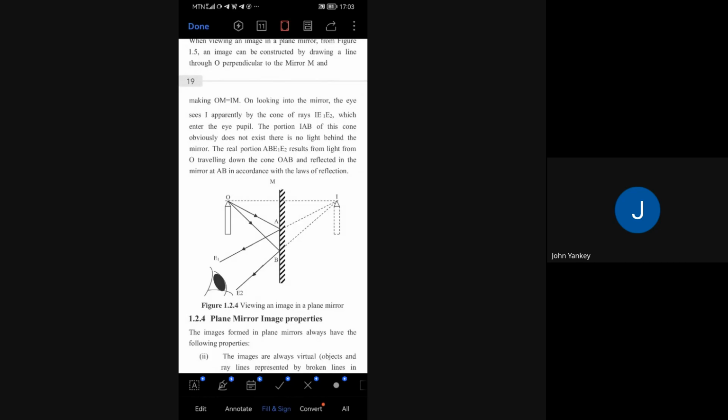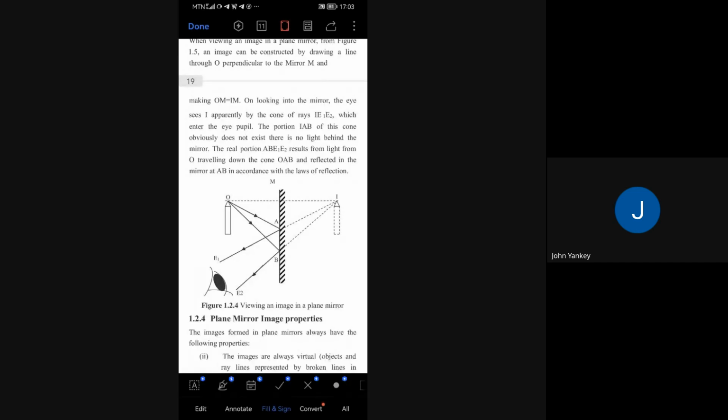First, light from some source must fall on the object O, and the object must reflect that light towards the mirror, and the mirror must reflect the light towards the eye. So there are two reflections. One, there must be a source of light.